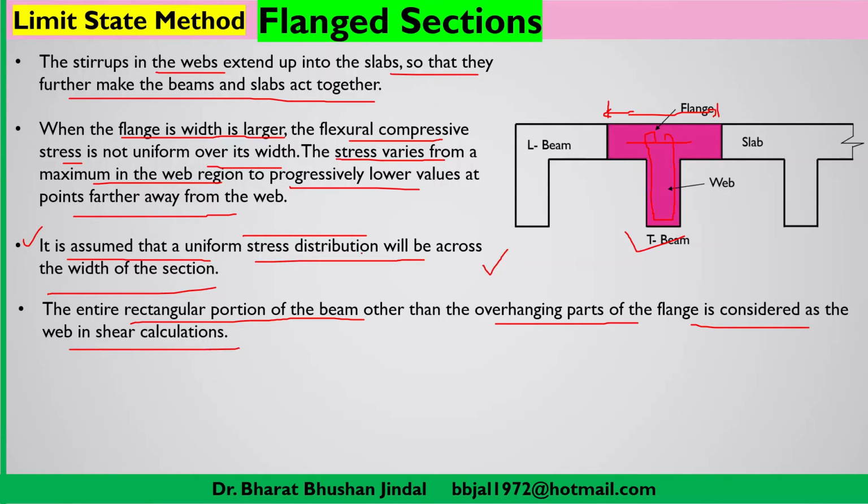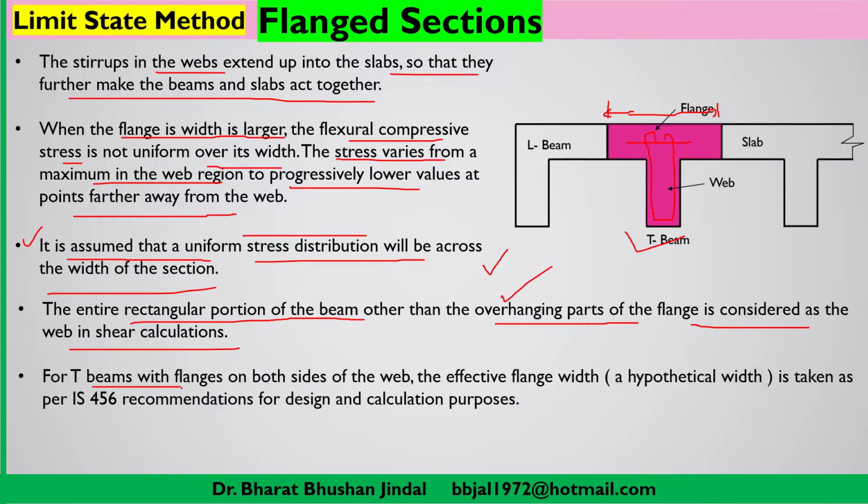That means when you do any shear calculation, the whole vertical portion of the beam is considered as web, and the extended portion of the flange will be considered as the overhanging portion only.